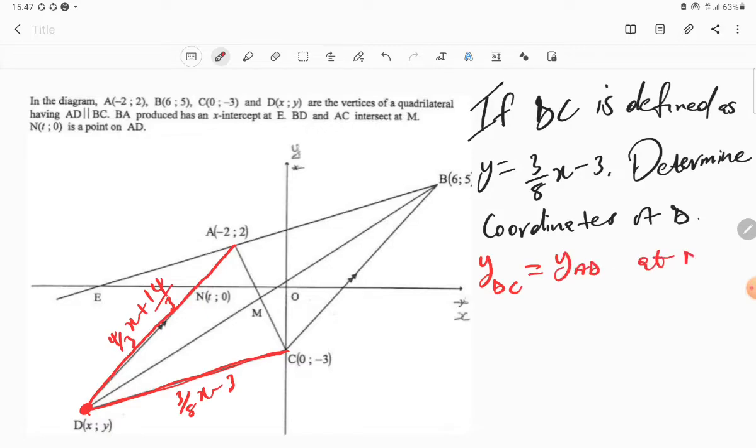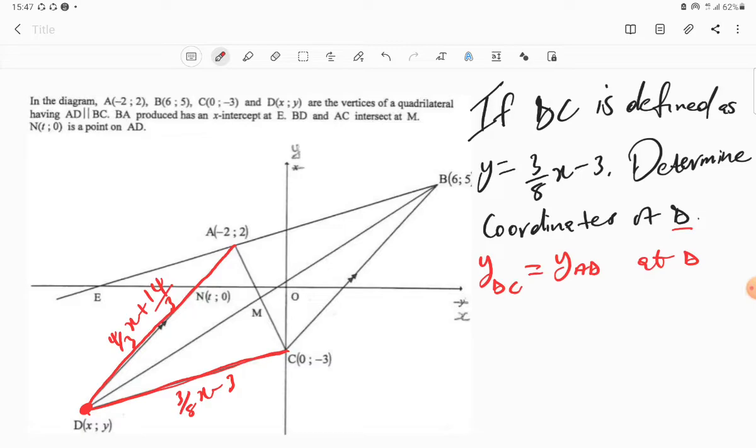At point D, because D is the point of intersection of both equations. So if we equate the y values of these two equations, then we solve for the unknown values, we are really going to find the coordinates of D, because we are looking for the coordinates of D, which is x, y.